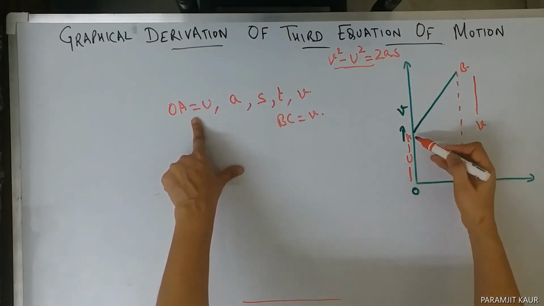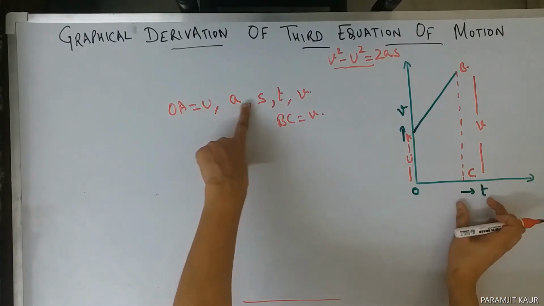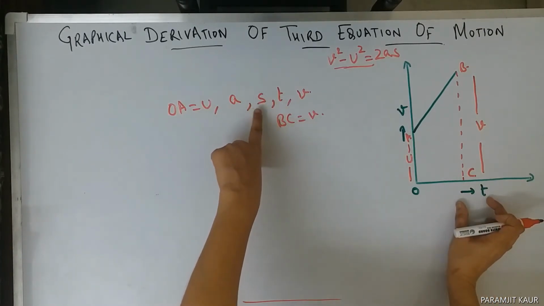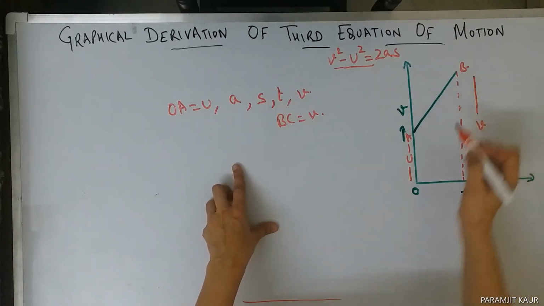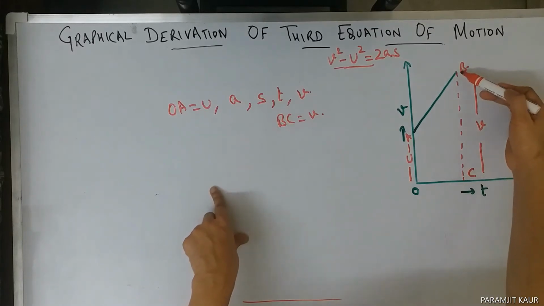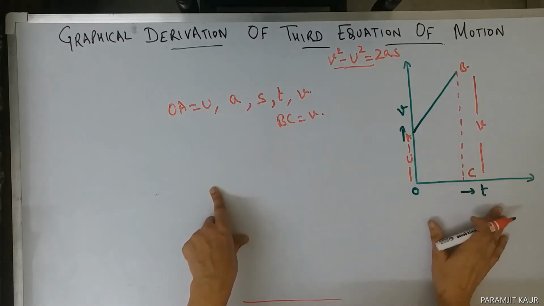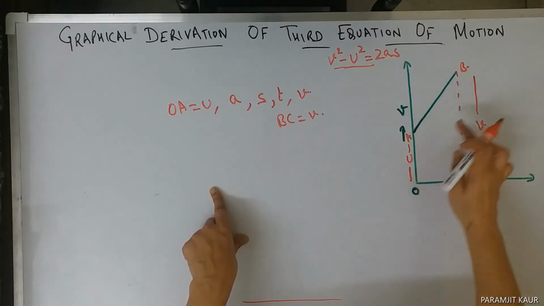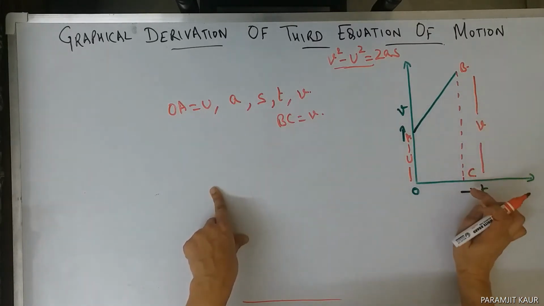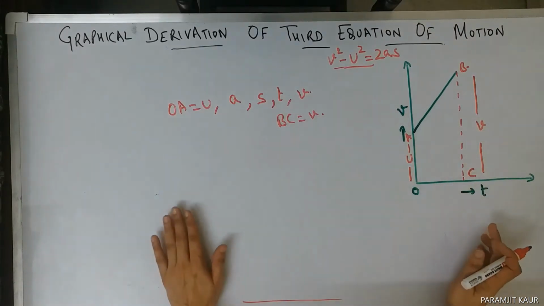The body undergoes uniform acceleration a in time t, covering distance s, and acquires final velocity v at point B, such that BC equal to v. Remember one thing in a graph: the graph will always be shown by a full line, and all the perpendiculars that you draw will be shown by a dotted line. That differentiates between the graph and the perpendiculars.